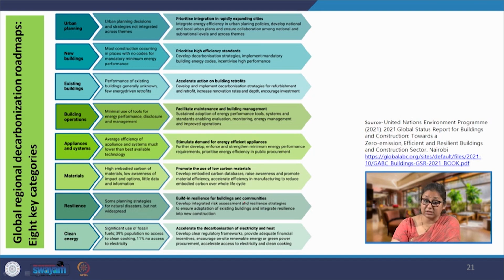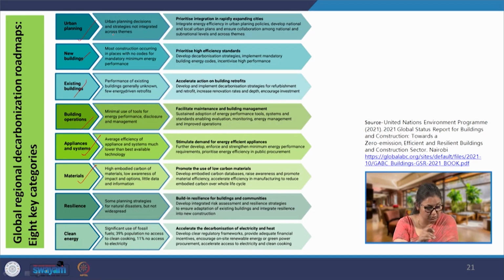It will be determined by urban planning, and by the materials that we choose. So, the manufacturing and material development sector will also be dependent upon the appliances and systems that we are using. So, we need to focus on each one of these: new buildings, existing buildings, building operations, how the buildings are going to be operated, and what are the appliances and systems that are going to go into the buildings.